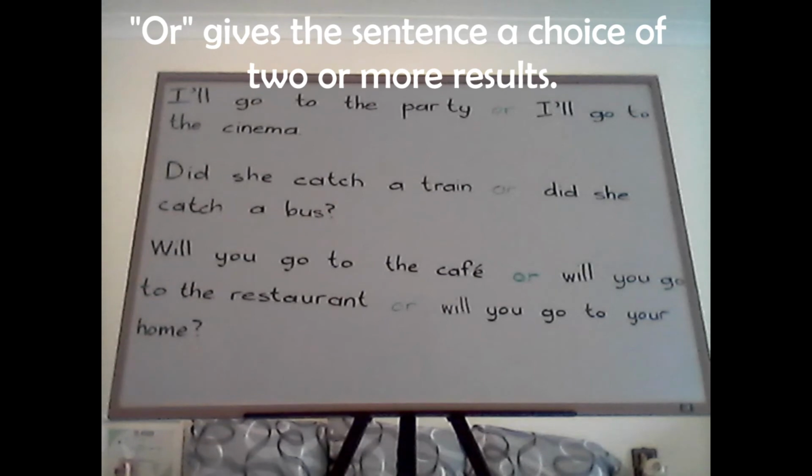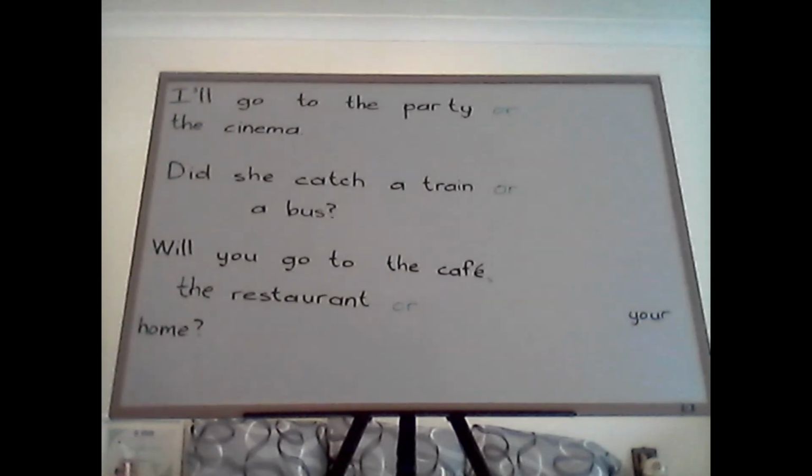And we can leave out a lot of words in these sentences. I'll go to the party or the cinema. Did she catch a train or a bus? Will you go to the cafe, the restaurant, or your home? Notice what words we can't leave out, even if they're repeated.